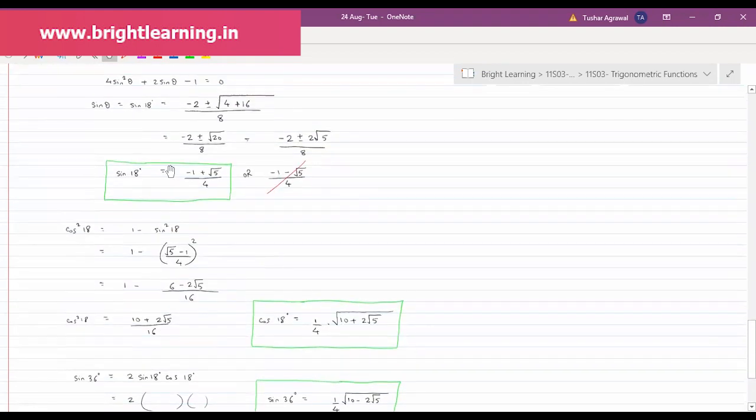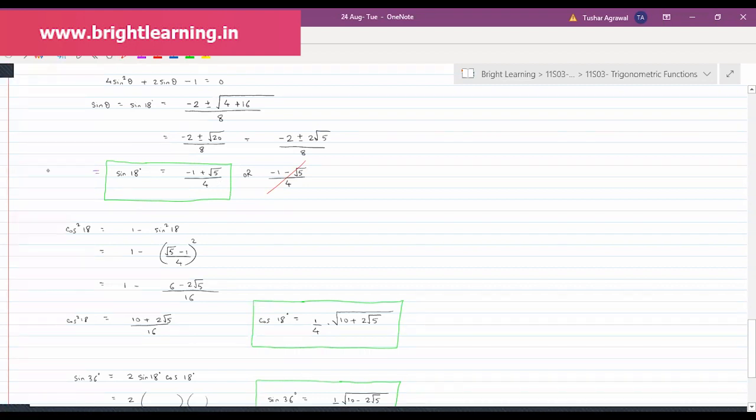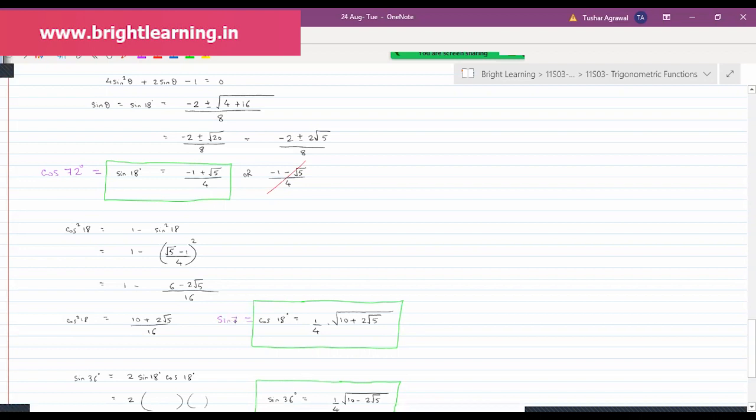So when I'm writing sine 18 is equal to this much, I can write that this value is equal to cos of 72 degree. Cos 18 is equal to sine of 72 degree.